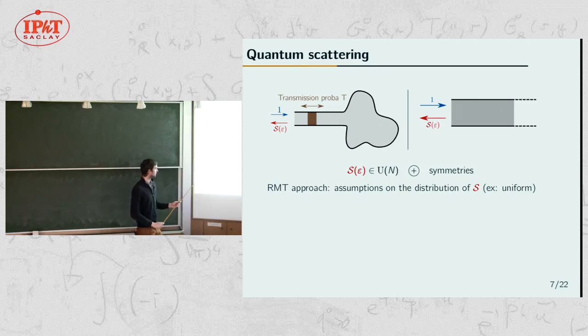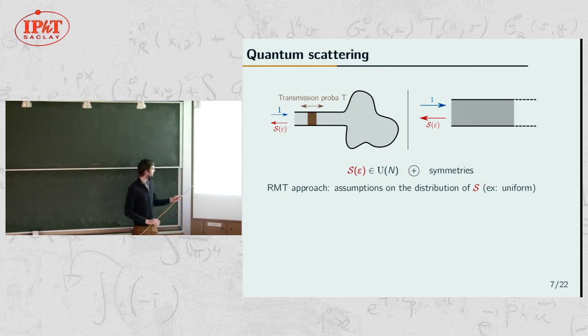Now, in the example I was discussing in the introduction in nuclear physics, the central matrix is the Hamiltonian, but in this case, the central matrix is the scattering matrix. So here, instead, we will focus on this matrix and replace it by a random matrix, as we have done before with the Hamiltonian. And then we have to make some assumptions on the distribution of this matrix. So for example, we can take it to be uniformly distributed over the unitary group.